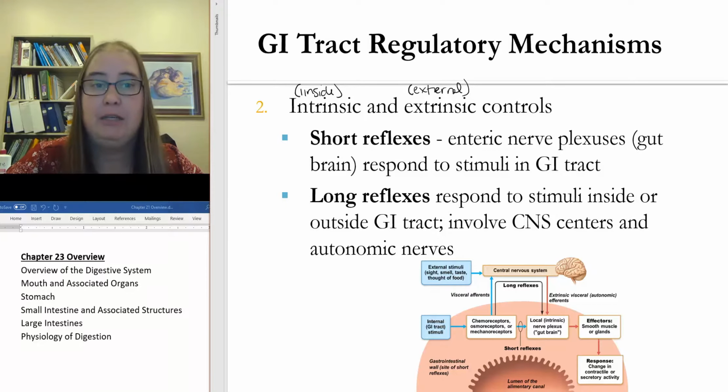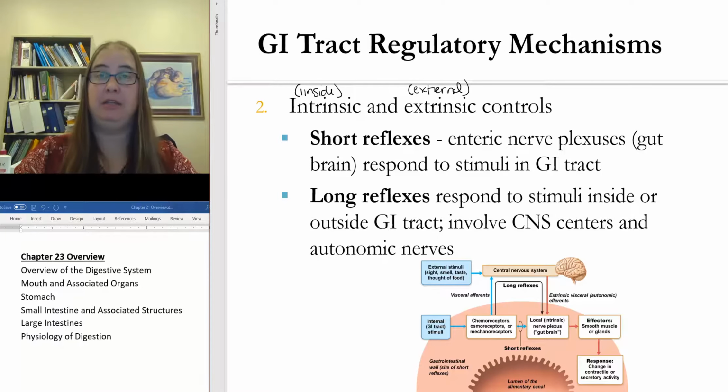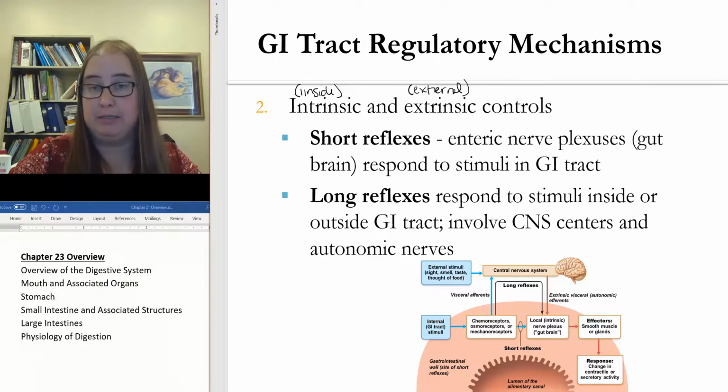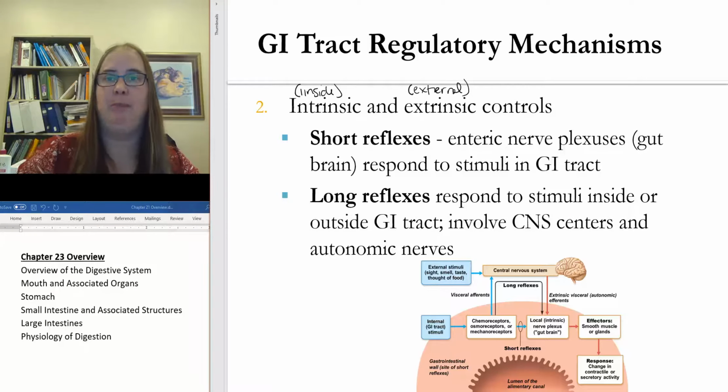Now, the gut brain axis is interesting in that in every other organ system in the body, the nervous system sends a one-way signal to every other organ system. The digestive system is one organ system that actually sends a signal back to the brain.